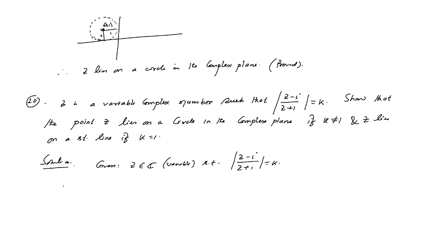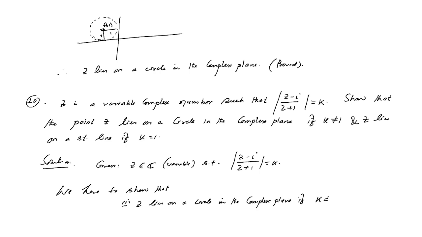What we have to show: first, z lies on a circle in the complex plane if k not equal to 1, and second, z lies on a straight line if k equals 1. So these two things we have to show.